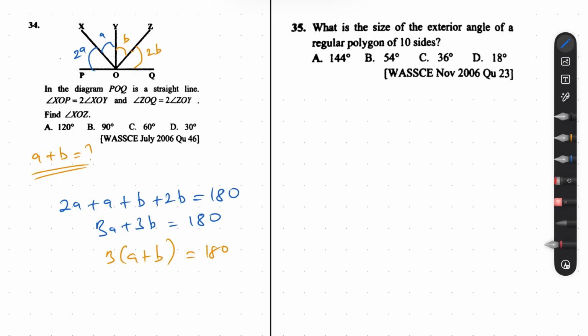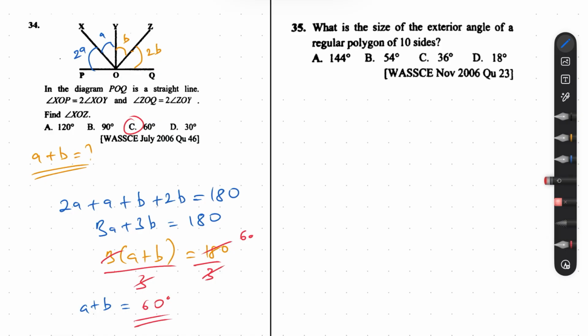Let's divide both sides by 3. A plus B will give us, when we cancel out, 60 degrees. So our answer is C. All right, let's move on to question number 35.